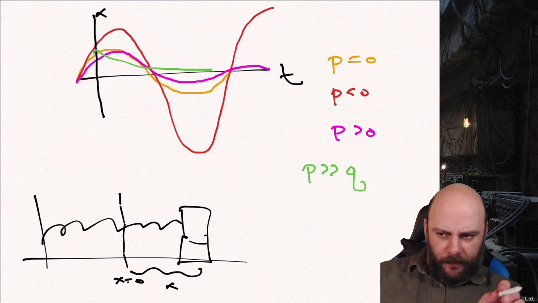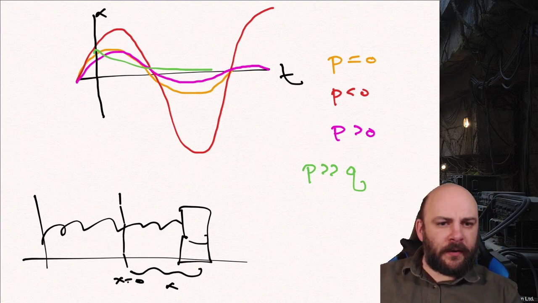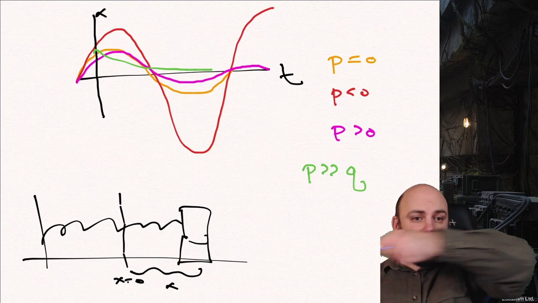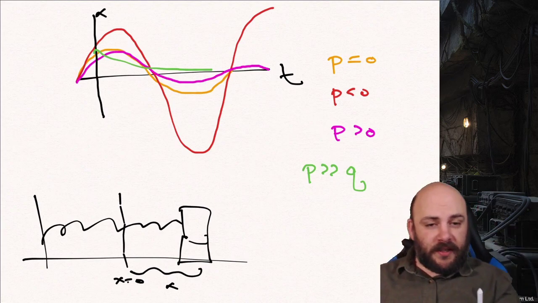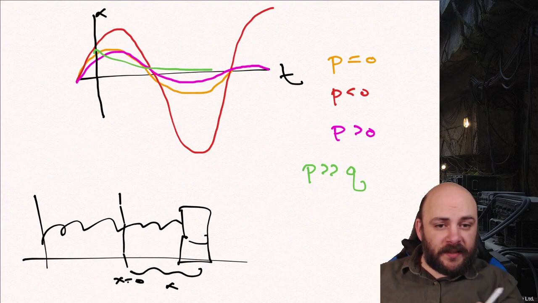So it just kind of goes whoop. Okay. So if we think about the orange, it's going side to side, always at the same amount. The red means it's going side to side, but it's getting bigger and bigger each time. The magenta means it's going side to side by getting smaller each time. And the green just sort of means it goes and then stops. It goes right there and just stops.